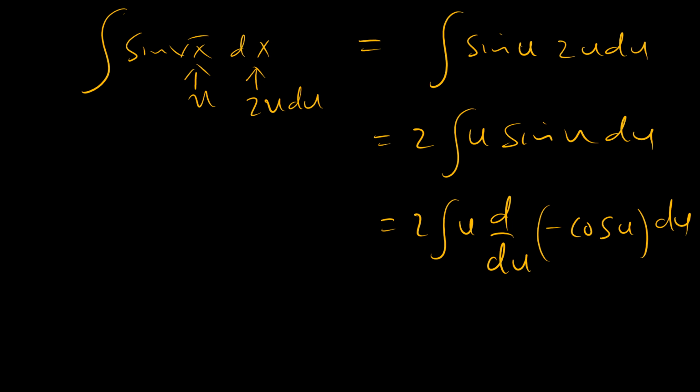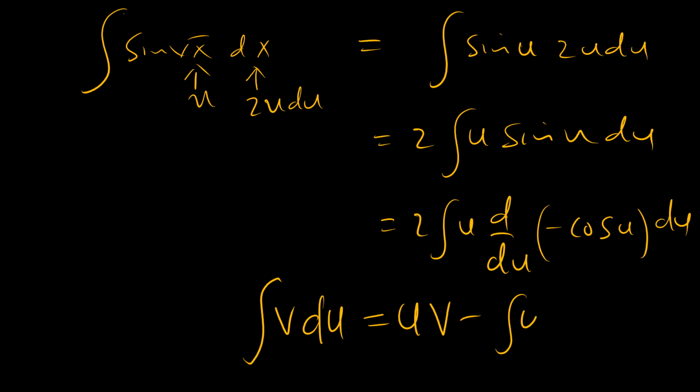And if we use integration by parts, where we have a product of a function u and the derivative of a function v, if you want to integrate that, the answer would be the product of functions u and v, minus the integral of the product of the derivative of function u and function v.